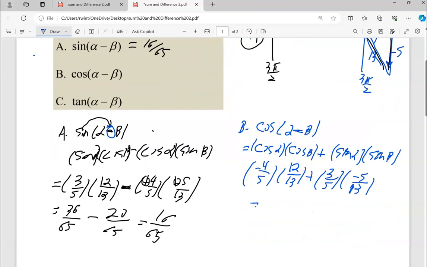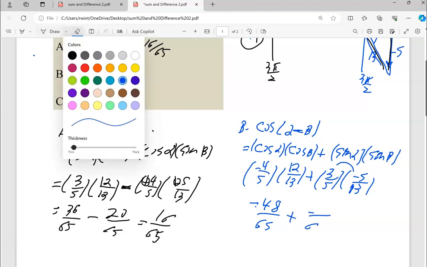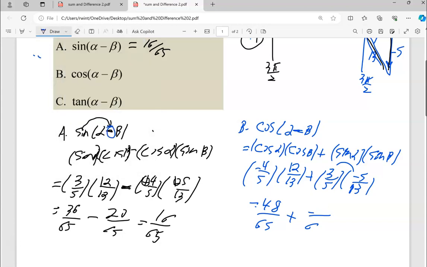Which gives me negative 4 times 12 is negative 48 over 65, plus negative 15 over 65. Maybe if I wrote legibly, that wouldn't hurt. I believe that makes negative 63 over 65.